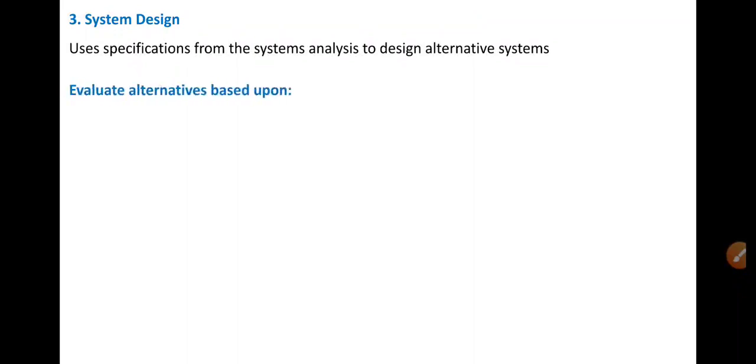This system design step uses specifications from the system analysis to design alternative systems. He has to evaluate alternatives, based firstly on economic feasibility.